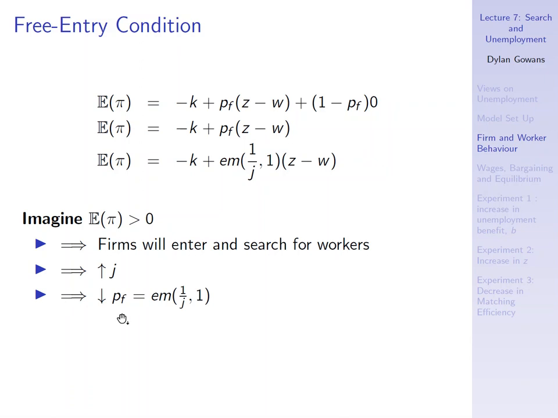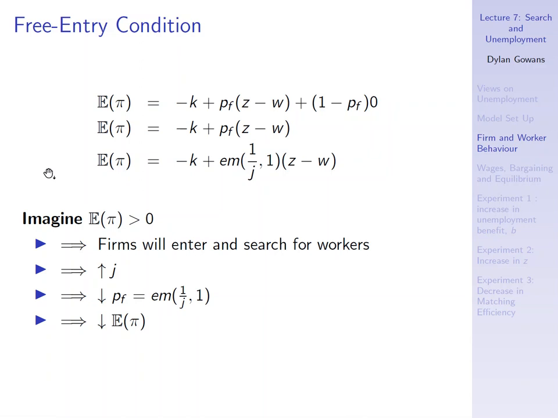That decreases my probability of finding a worker. If there are now more firms looking for workers, then each firm itself is less likely to find a given worker. If there are 50 firms looking for a number of workers, they're more likely to find a worker than if there are 100 firms looking. And this leads to a decrease in expected profits.